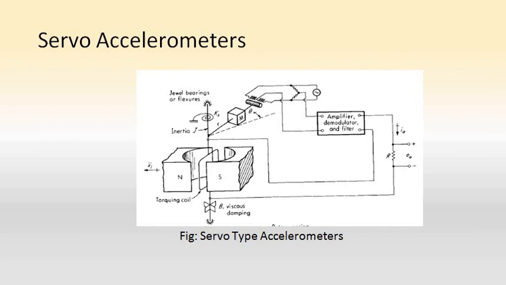The mass is not returned exactly to the null position when a restoring force is produced, but it will come back almost close to the null deflection position, because in this case we need to use a high gain amplifier, demodulator and filter. Depending upon the accuracy of that section, it is decided whether the mass will come exactly to the null position or not. So that is the working of the servo accelerometer.